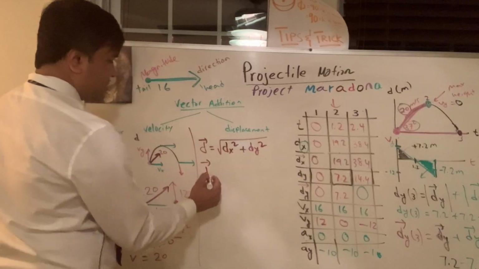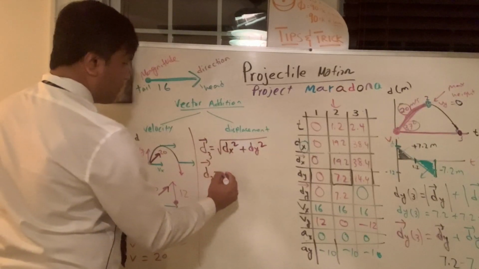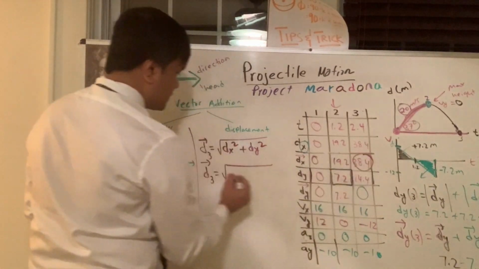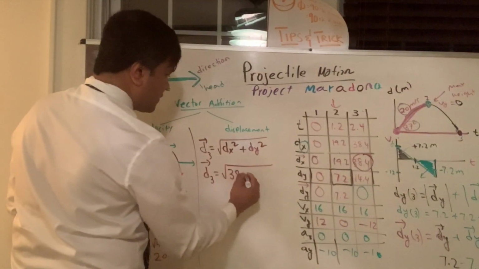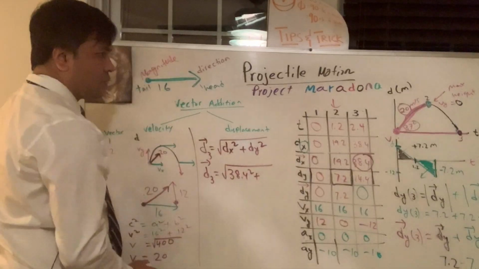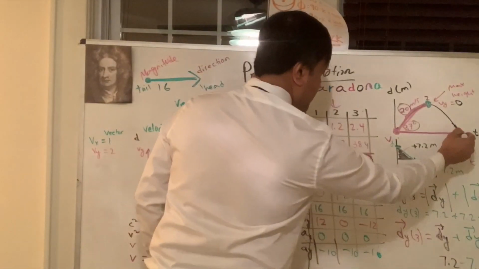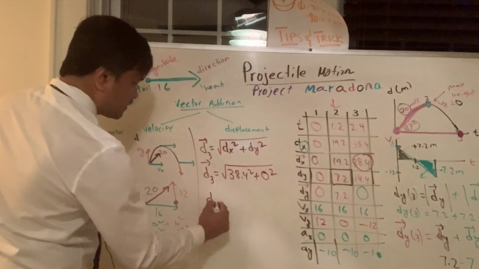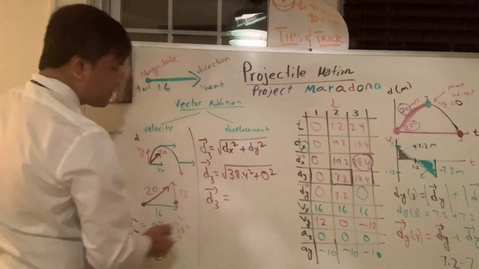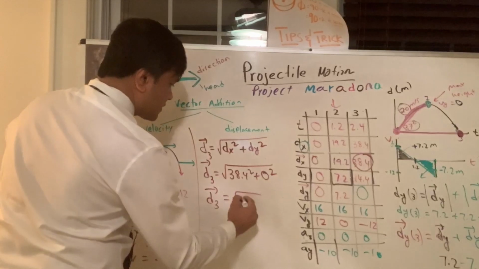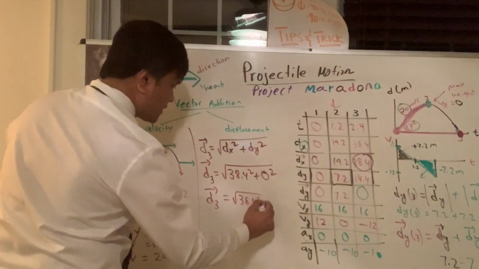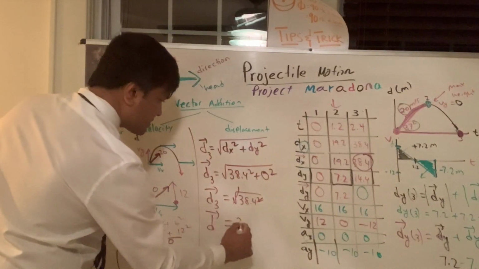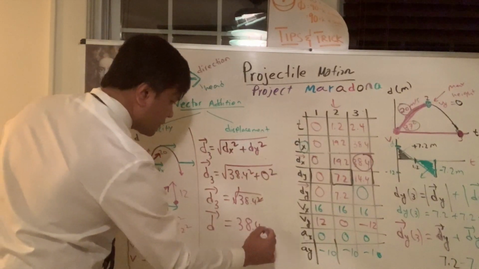So total displacement at location 3 would be dx is 38.4 square plus dy at location right here is 0. So the total displacement is 38.4 square. So this cancels. So the total displacement is 38.4.